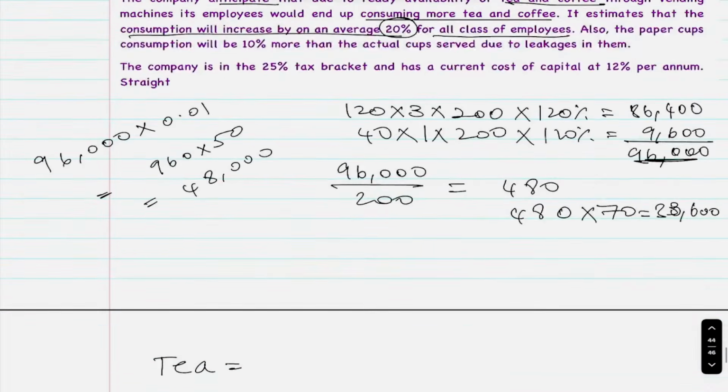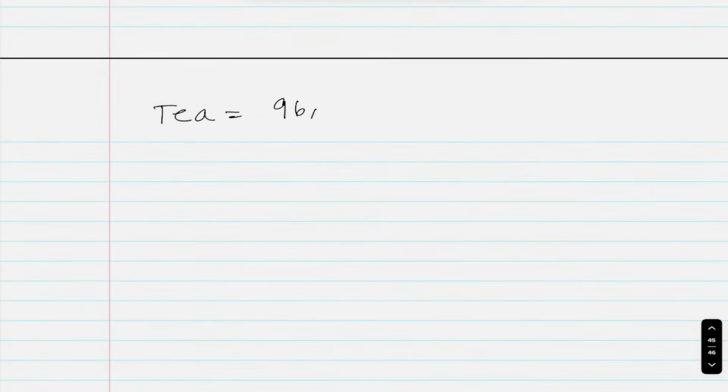Tell me, how many cups of tea in a year? We know now, 96,000. Each cup will hold how many liters of milk? 0.1. Tell me how much? 9,600.